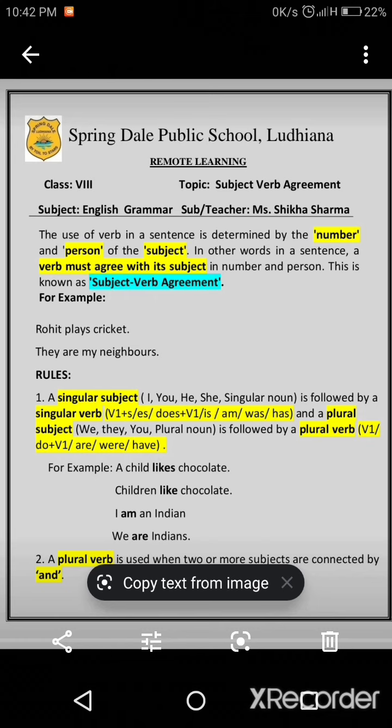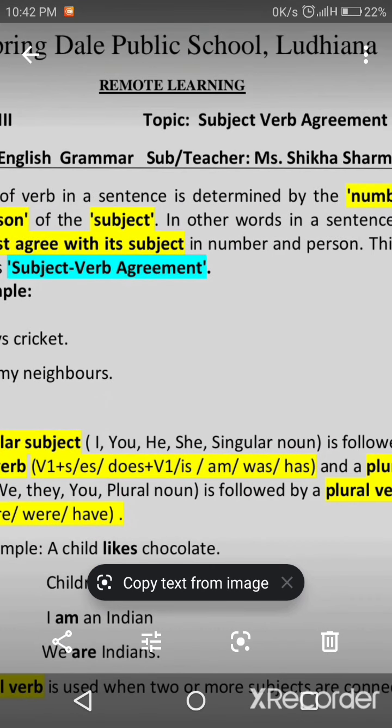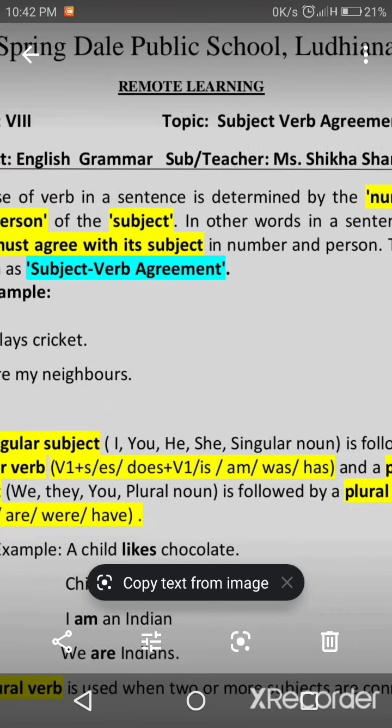First of all, let us know what subject-verb agreement is. The very name only suggests that the subject must agree with the verb. It means that the verb must be used according to the subject in the sentence.